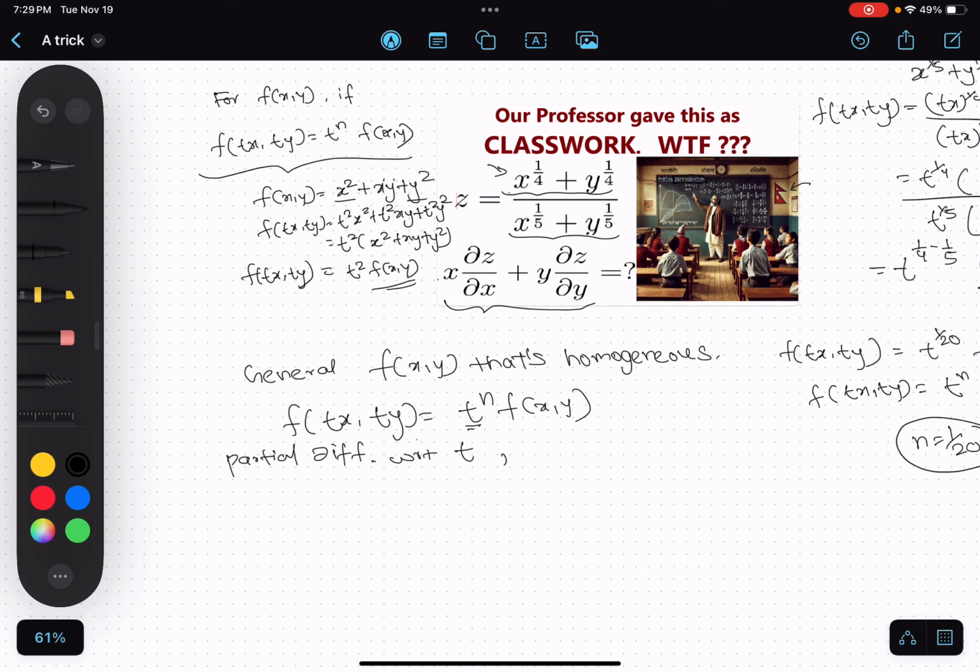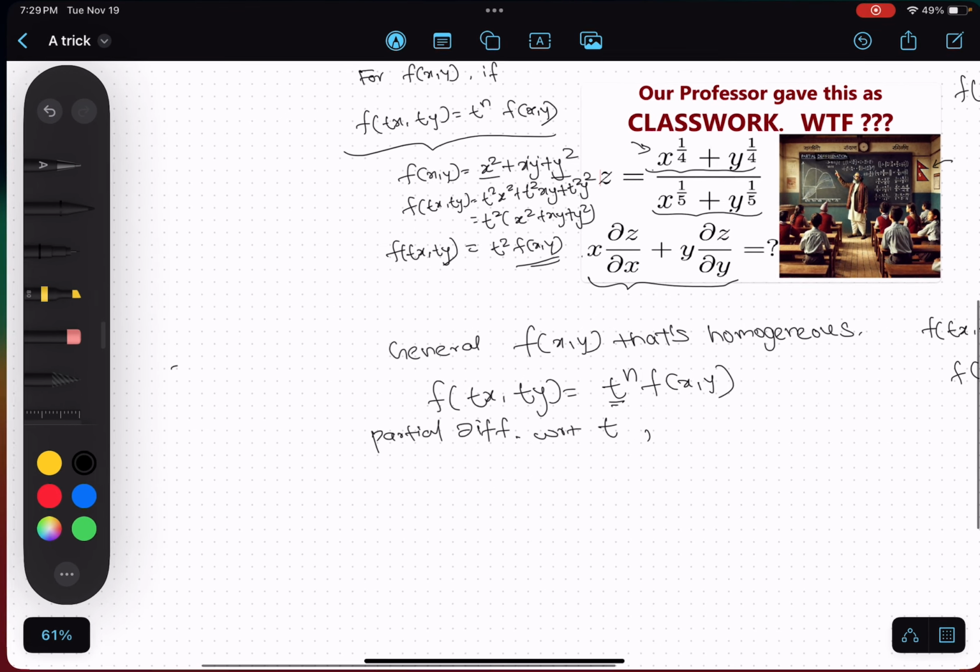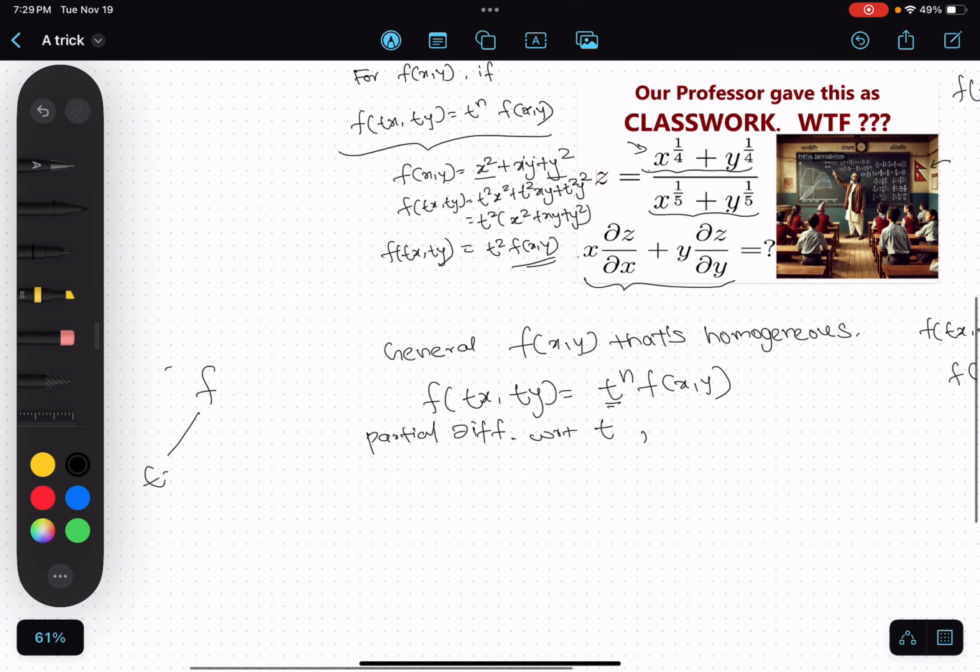Now this side is basically a function of tx and ty, and each of these is again a function of t, right? So a small change in t can increase tx, which can again increase f. Again, a small change in t can increase ty, which can again increase f.